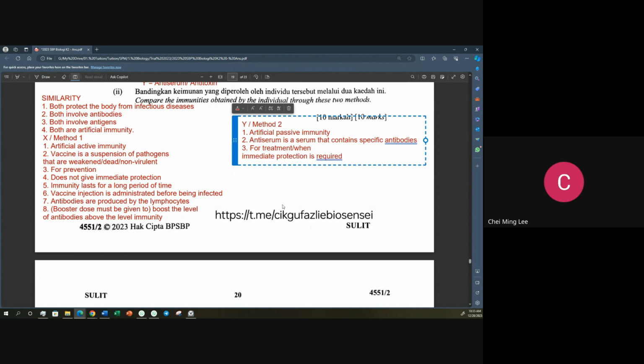So it gives immediate protection, and the immunity is temporary, or does not persist. It's not a continuous type.